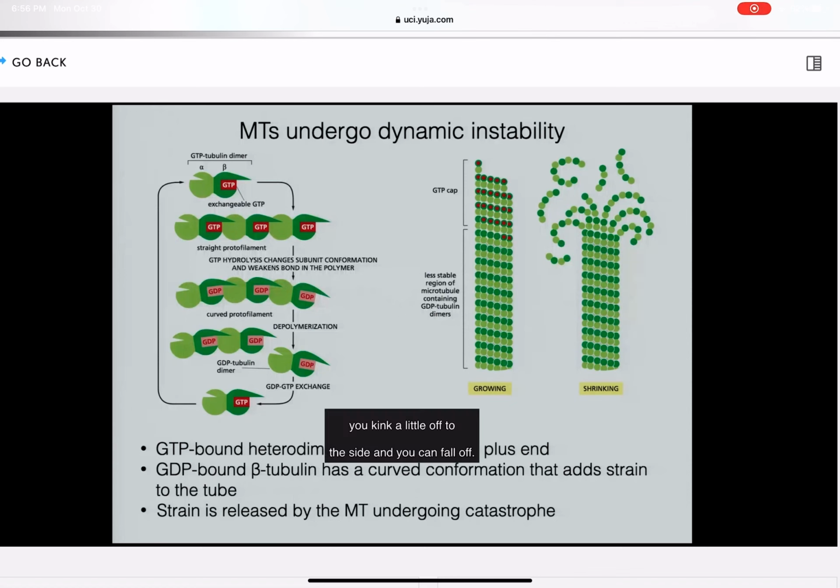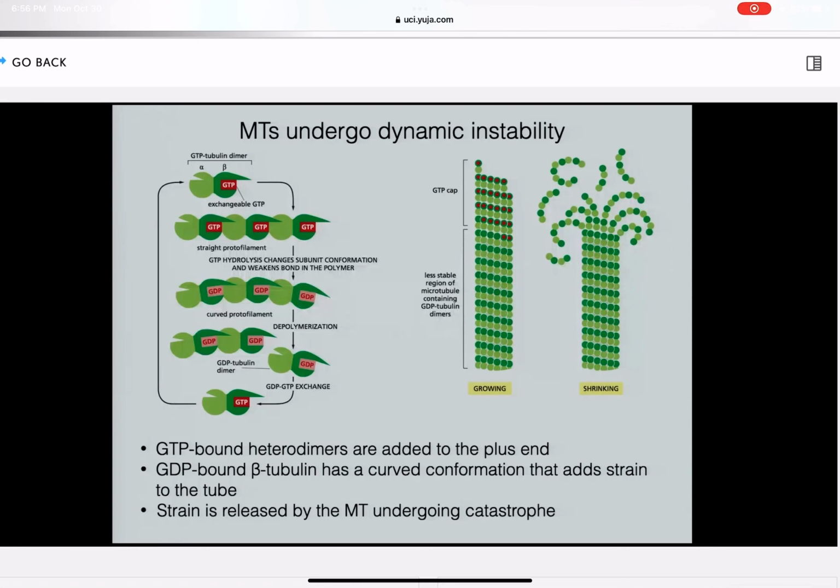And so you could quickly go ahead and add onto this protofilament. But when you're GDP bound, you kink a little off to the side, and you can fall off. And then you need that GDP-GTP exchange in order to recycle and then go and grow as part of the filament again.